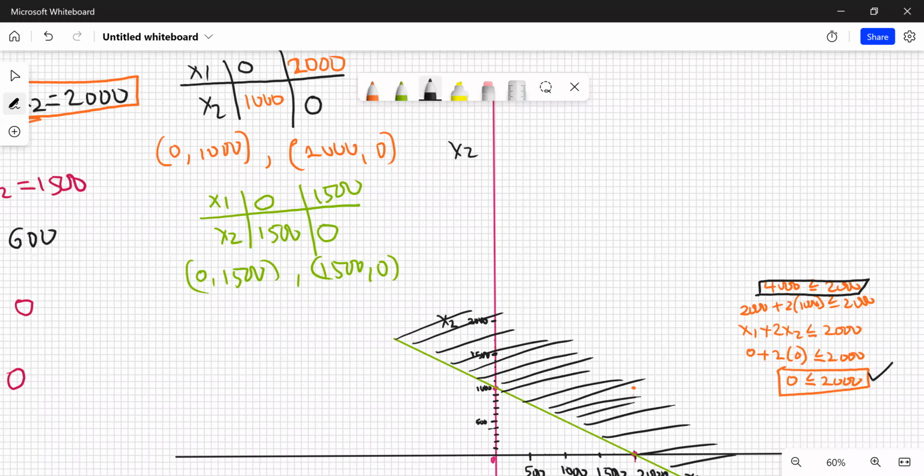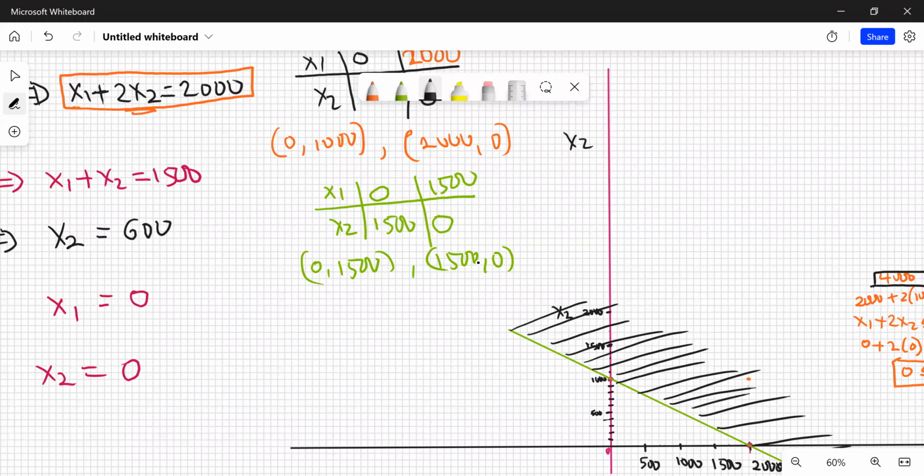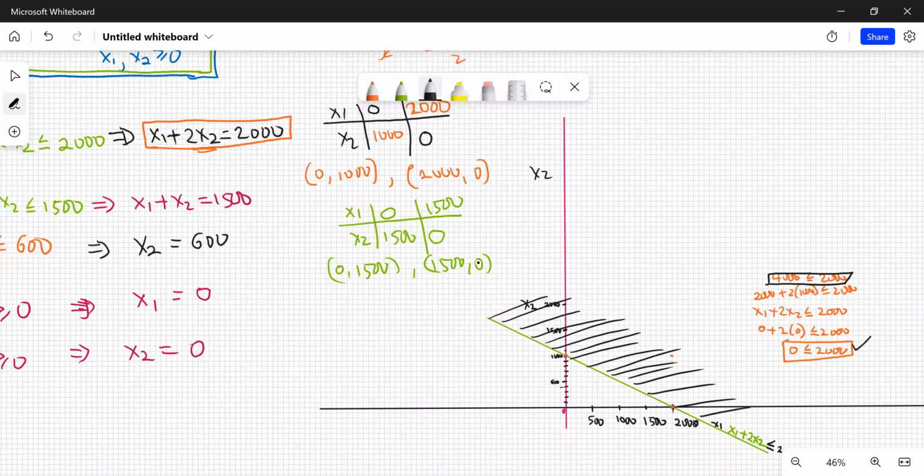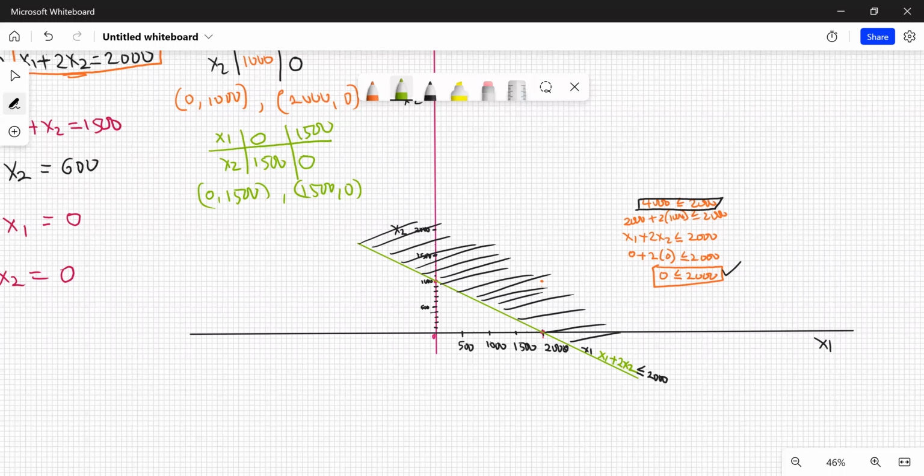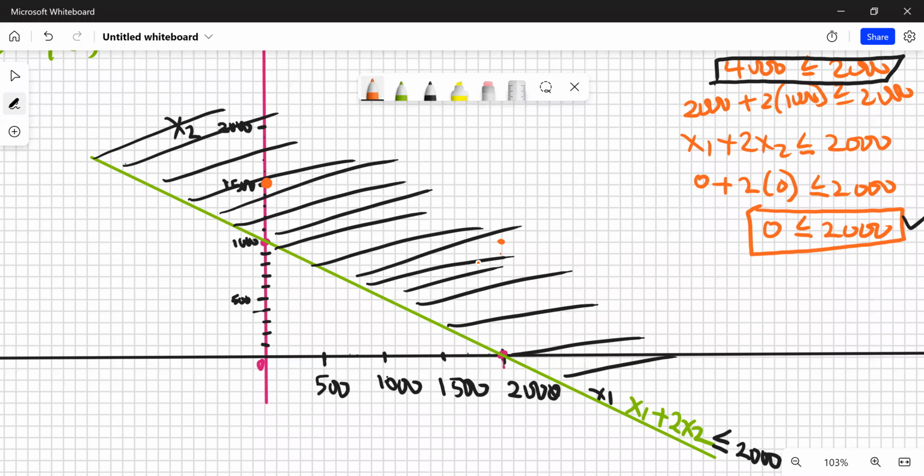So for line 2, we are plotting 0, 1500, and 1500, 0. So 0, 1500 is a point which is here, and the other point is here.